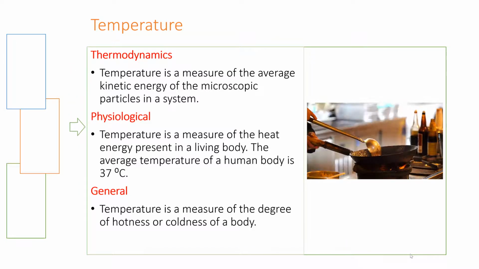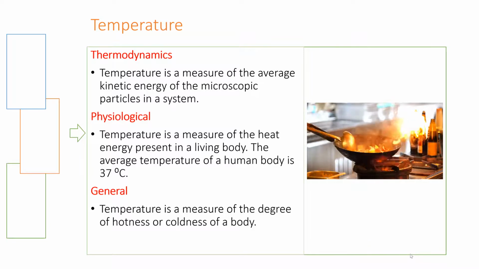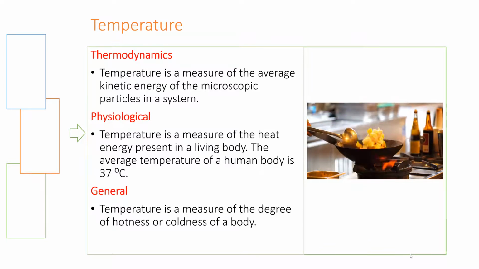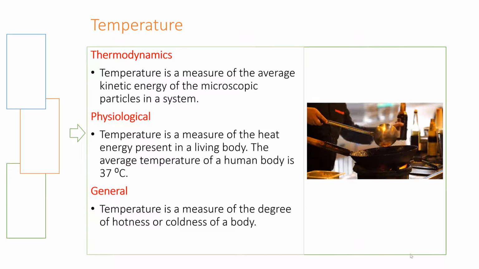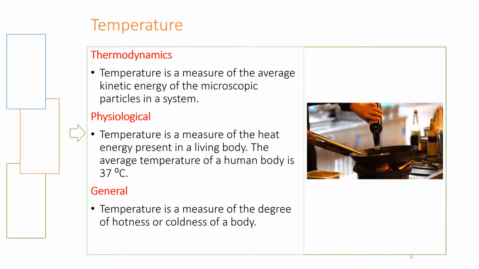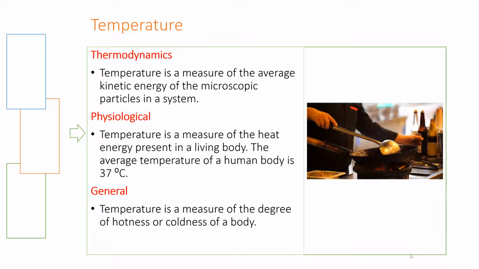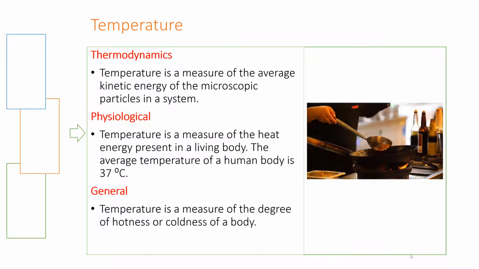The physiological definition, however, defines temperature as a measure of the heat energy present in a living body. The average temperature of a human body is 37 degrees Celsius. A very important temperature to take note of, as it will become very important in later parts of this session.